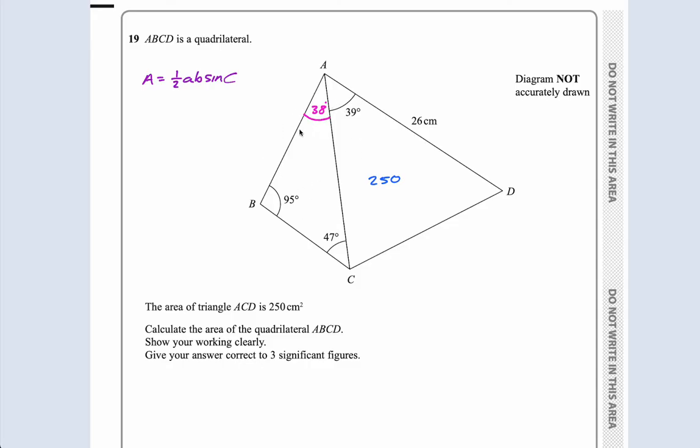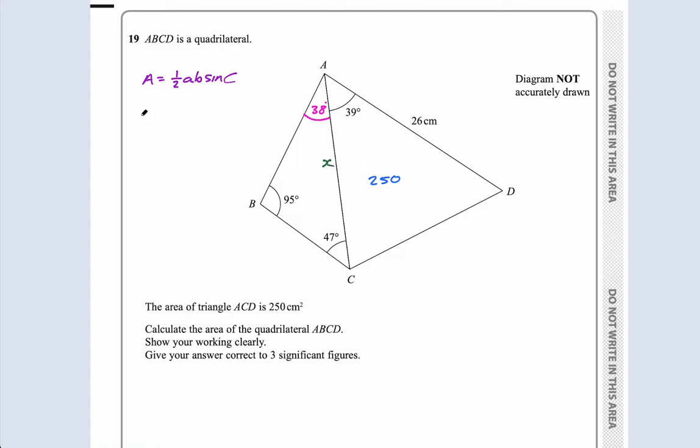And, well, let's then look to this triangle. This triangle, I have this side. I would like to know this side. I can't use the sine rule. I can't use the cosine rule because I only have 1 side and 1 angle. But I have this area that he's given me. So I can actually say, let's call this side here x.